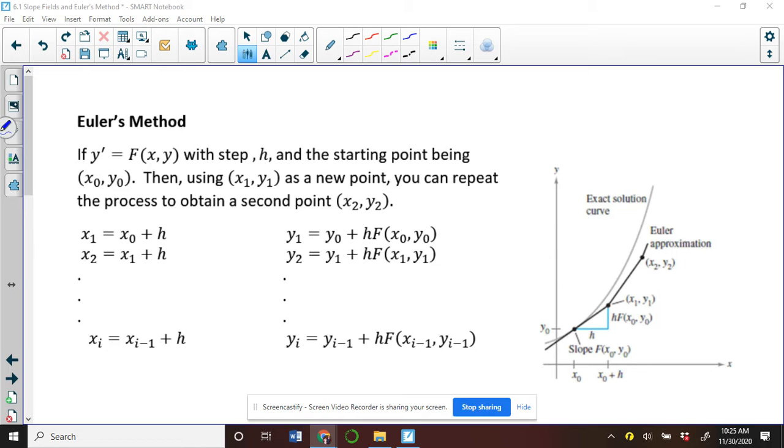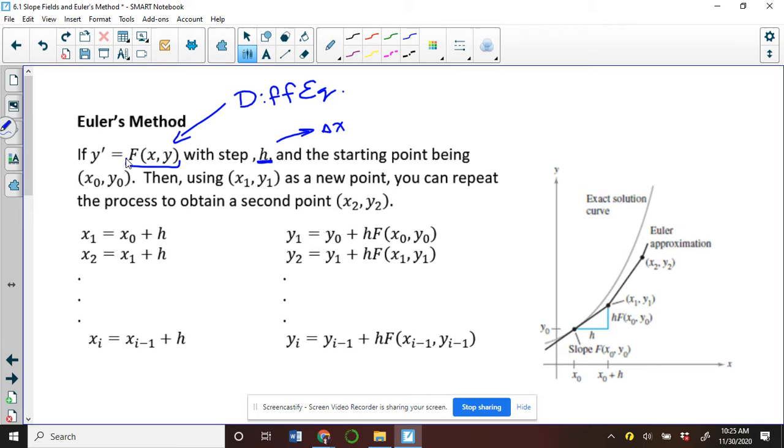Within Euler's, we're going to have a differential equation, which is capital F of x, y. So that is a differential equation. We're going to have our step, and just like our limit for the definition of a derivative, that is really delta x. H is delta x, or your change in x, which we'll call the step.